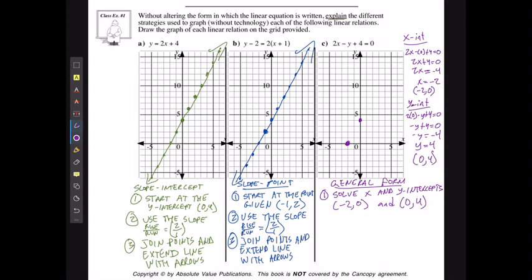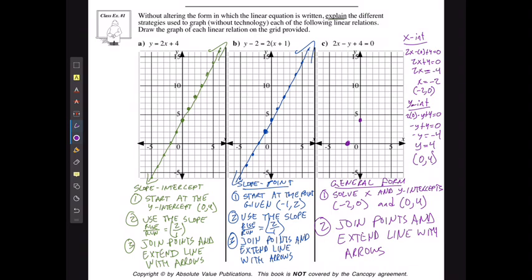And then all I'm going to do is join points and extend line with arrows.